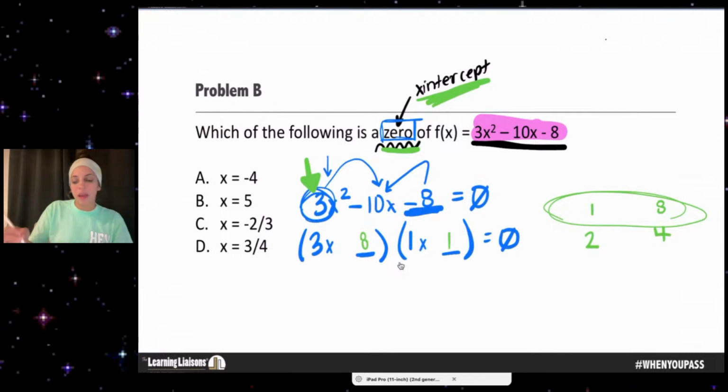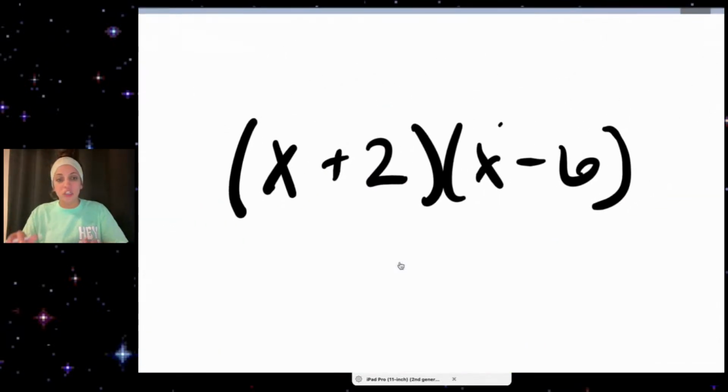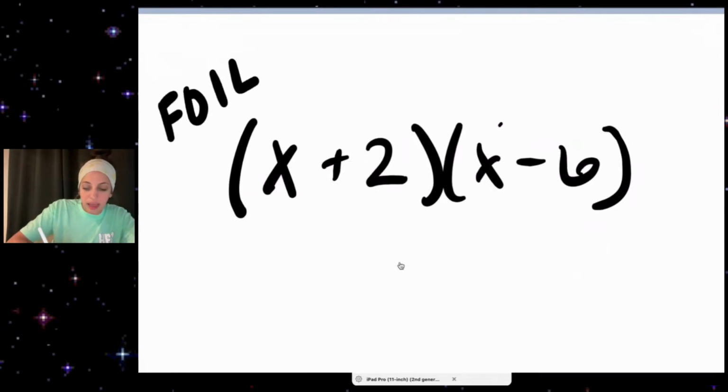When I multiply this out, and this is like a totally different lesson. This is like quadratics in 2.7 seconds. When I have x plus 2 and x minus 6, and this is a total side note, so I'm actually going to zoom in so that you don't think it's part of the problem. When I multiply this out, I use FOIL. First, outer, inner, last.